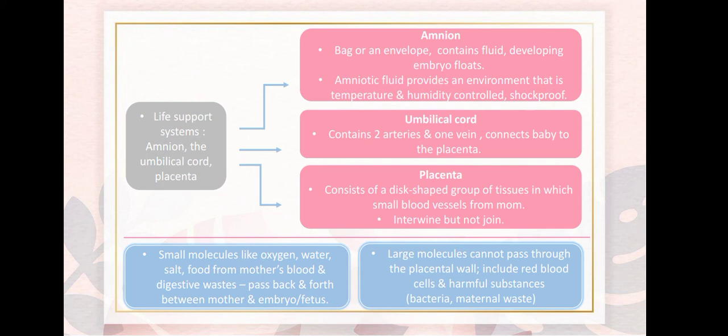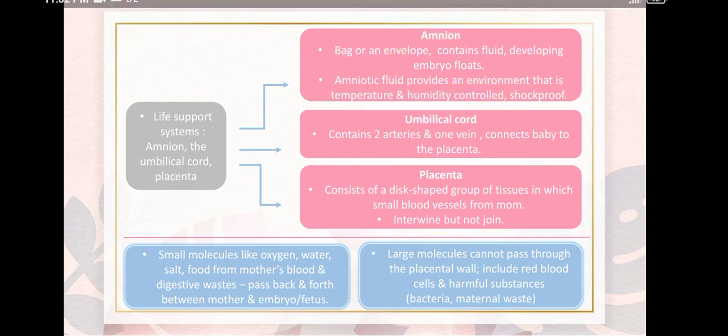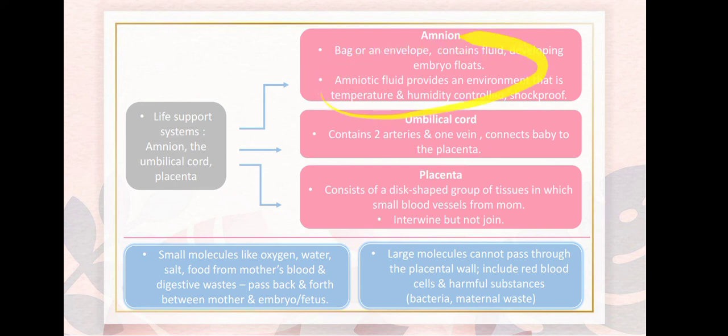Amniotic fluid provides an environment with temperature and humidity control, and it is shockproof. It is a water bag where the baby is safe inside the amnion, a shield, like a home, like a balloon. So this we call the amnion.